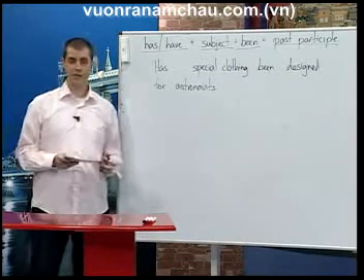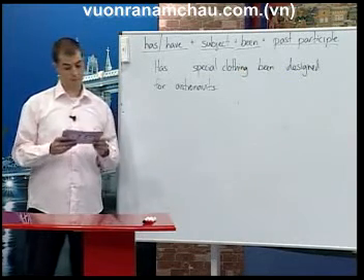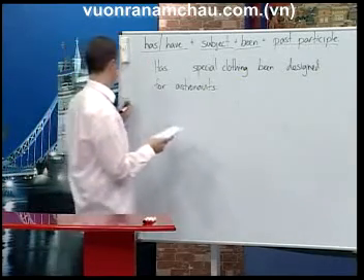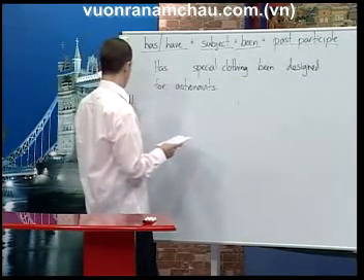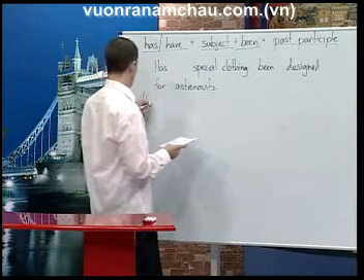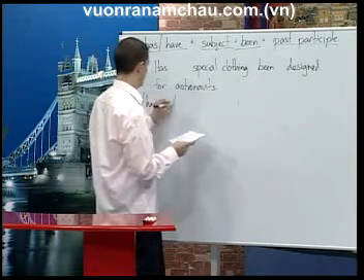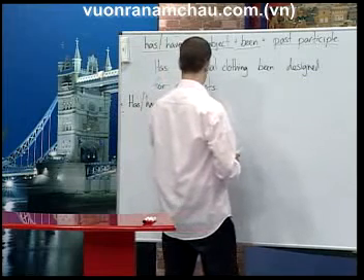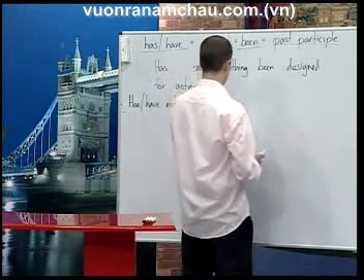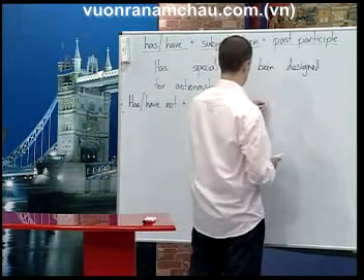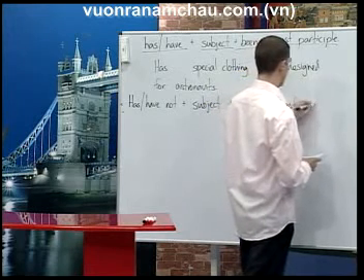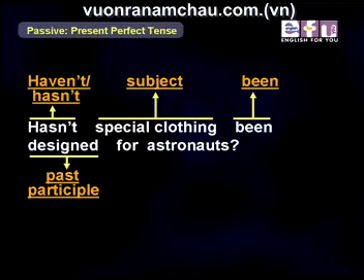And to form a negative yes-no question, we just use has or have not. So has or have not, plus subject, plus been, plus past participle. Okay.